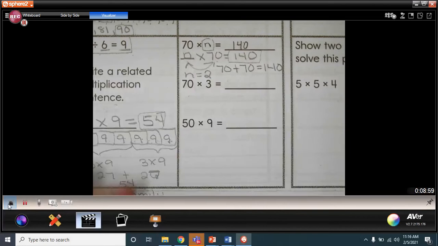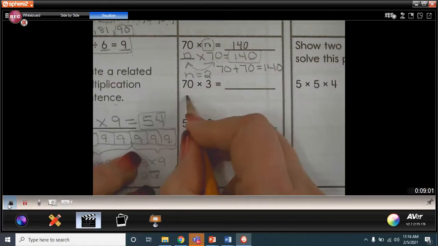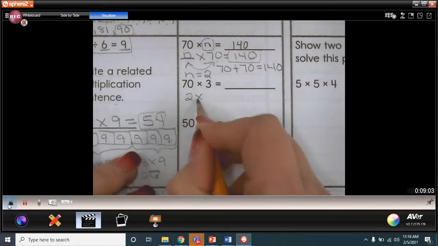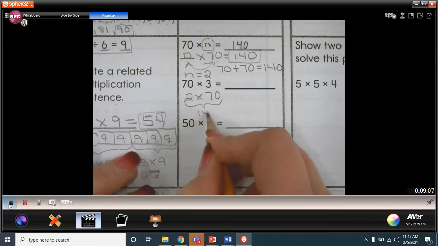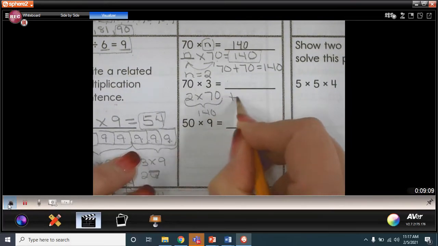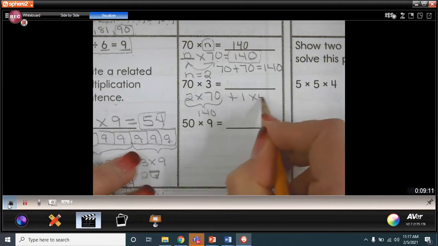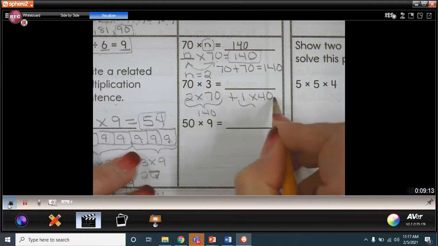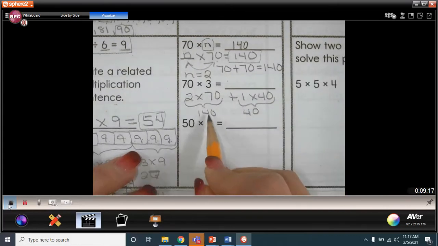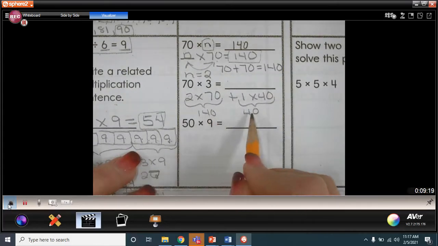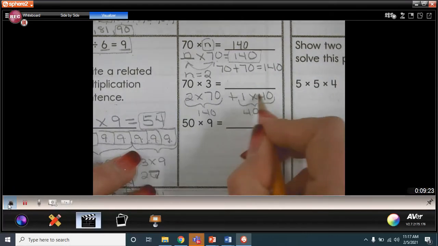The next one, I can use what I just did here. I can have 2 groups of 70, which is 140. And then I could add one more group of 70 here. What happens if I add 40 and 40? Oh, I'm sorry, not 40, 70.